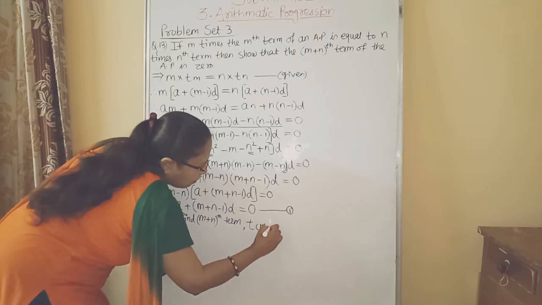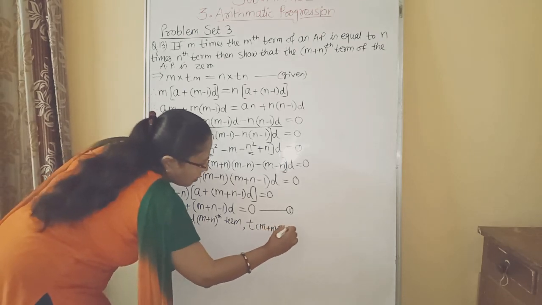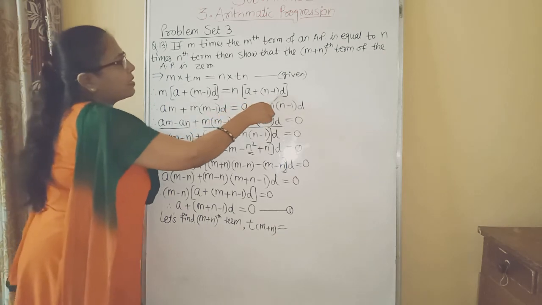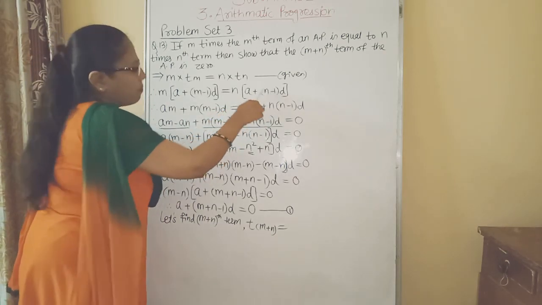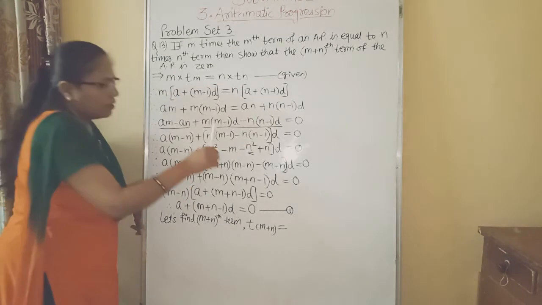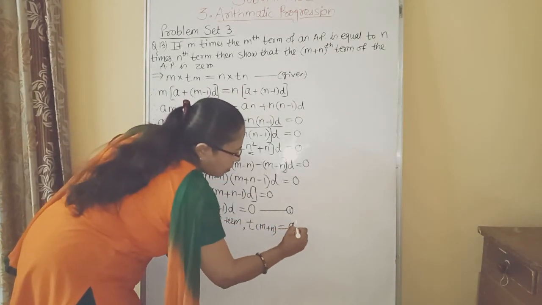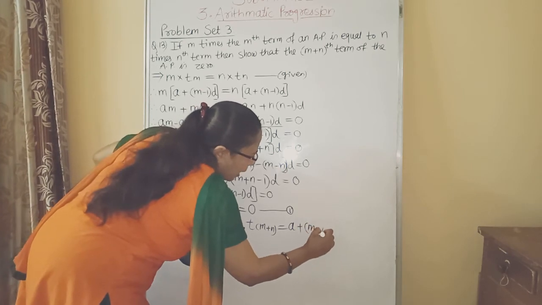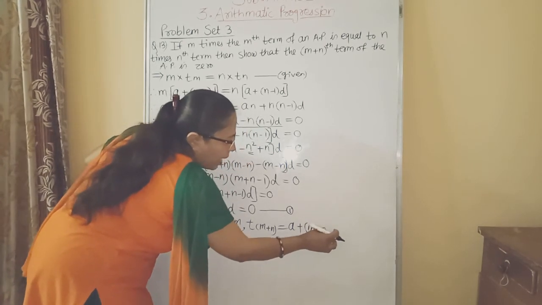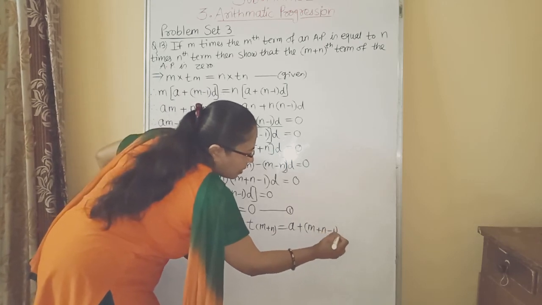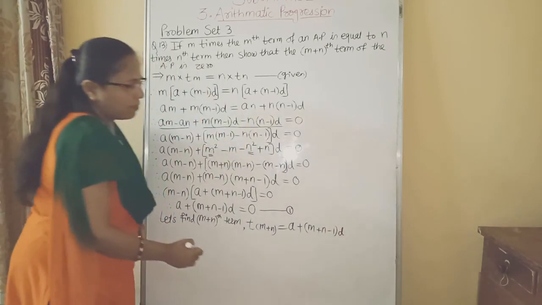Tn is equal to a plus n minus 1 into d. Instead of n we have to take m plus n. So a plus, m plus n means n, minus 1, so instead of that, m plus n minus 1 into d.